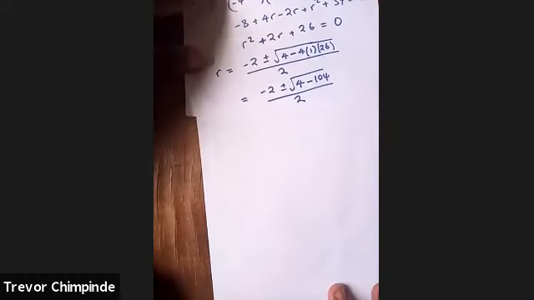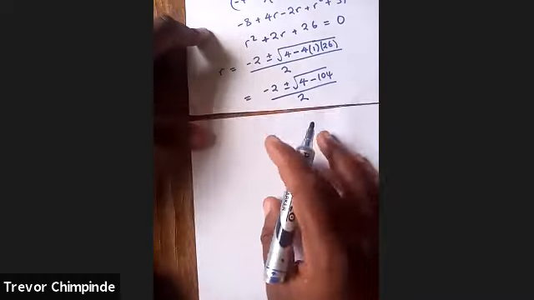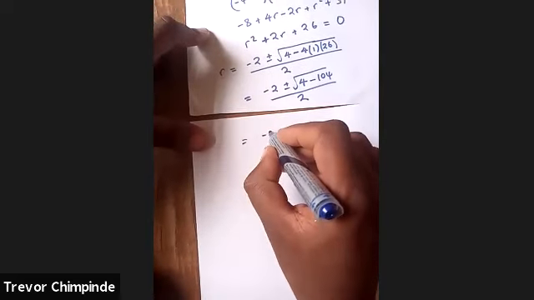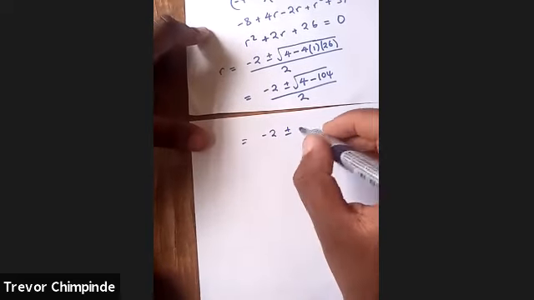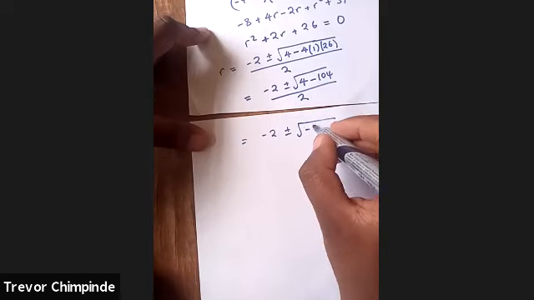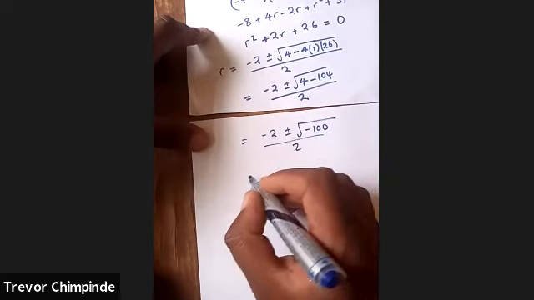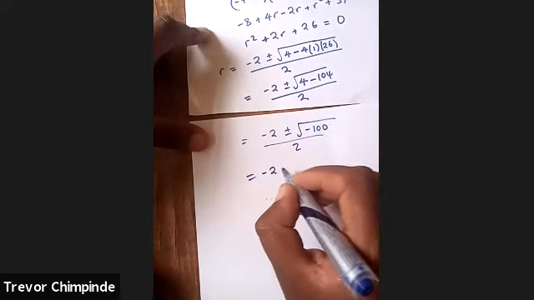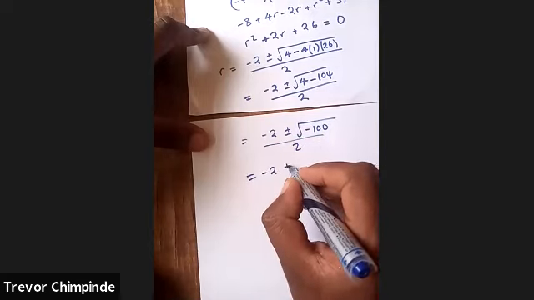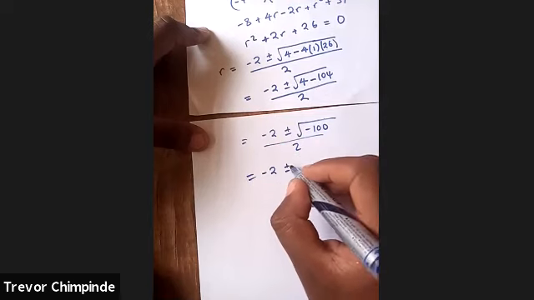So this is minus 2 plus or minus. So 4 minus 104 is negative 100 over 2. So this is negative 2 plus or minus. So this will be complex now.